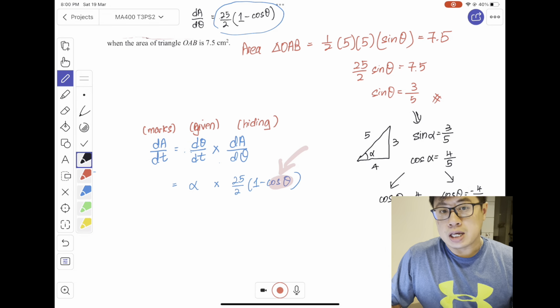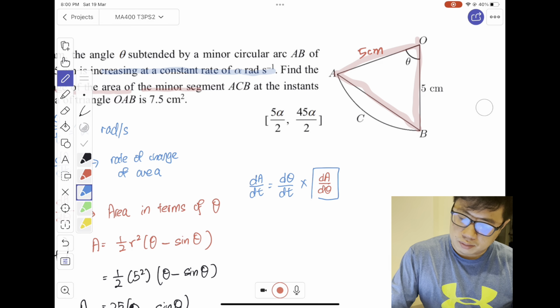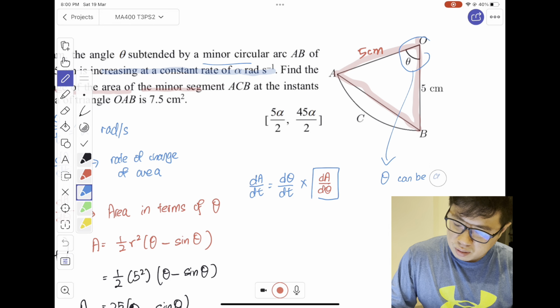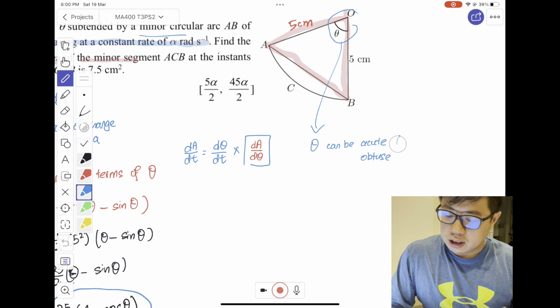Why do I say so? It's because if this is a minor segment, your theta can be acute or it can also be obtuse. How does this affect you? If it's acute, your theta will be in quadrant 1.